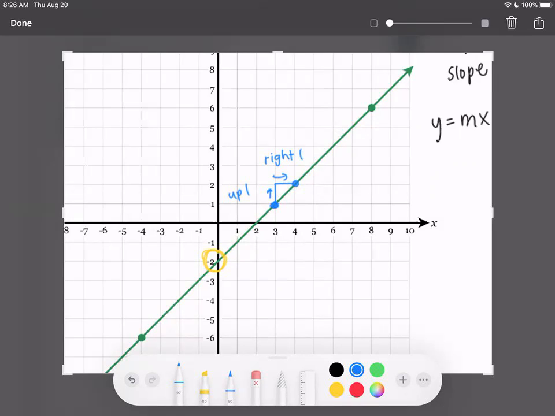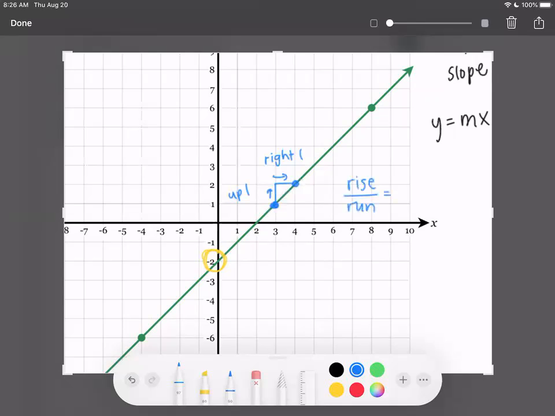Do you guys have any questions on that part? Okay. If you do, feel free to interrupt me because I can't see your faces right now. I don't know if you're nodding, shaking your head, whatever you're doing. But let's translate this up 1, right 1 into a slope fraction. So remember that slope is rise over run.